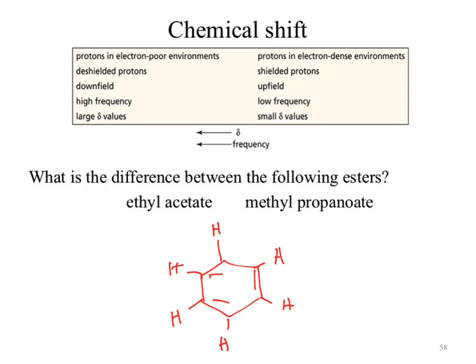We have an sp2 carbon versus an sp3. We've decreased the hybridization. We've effectively made the carbon more electronegative. Because our carbon is now more electronegative, what happens to the signal? It shifts to the left to a higher number.